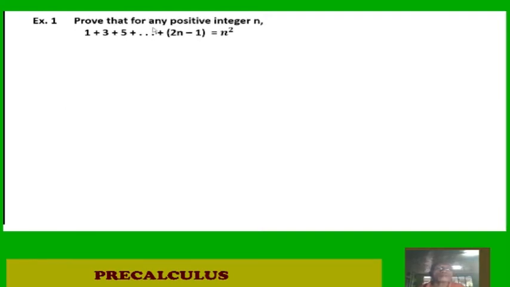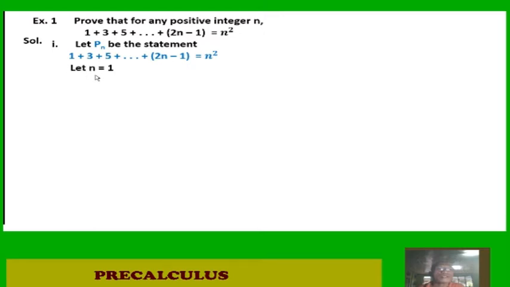For example, prove that for any positive integer n, 1 plus 3 plus 5 up to 2n minus 1 is equal to n squared. First step, let P of n be the statement 1 plus 3 plus 5 up to 2n minus 1 equals n squared.